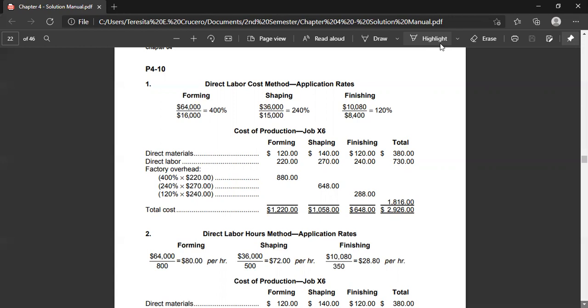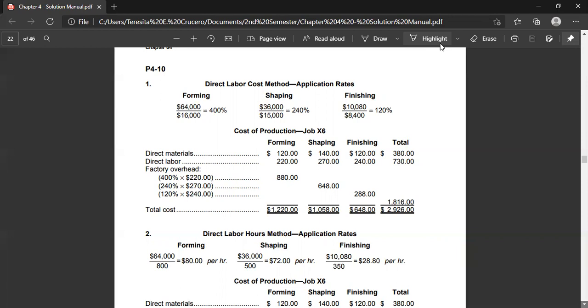In other words, you are now using the estimated factory overhead for the forming department equal to $64,000. You divide that by the direct labor cost equal to 16,000. So in other words, the rate is 400%.